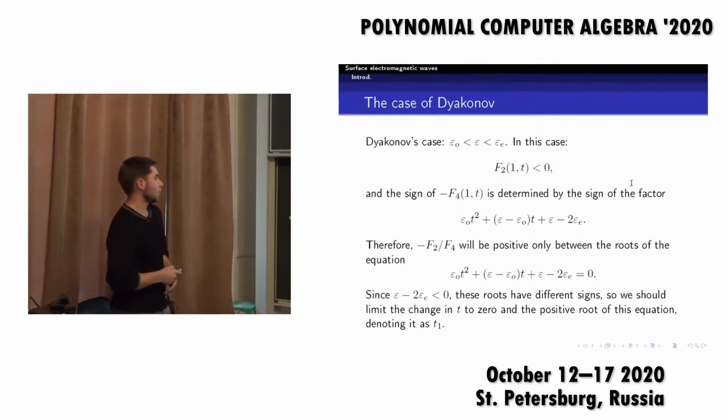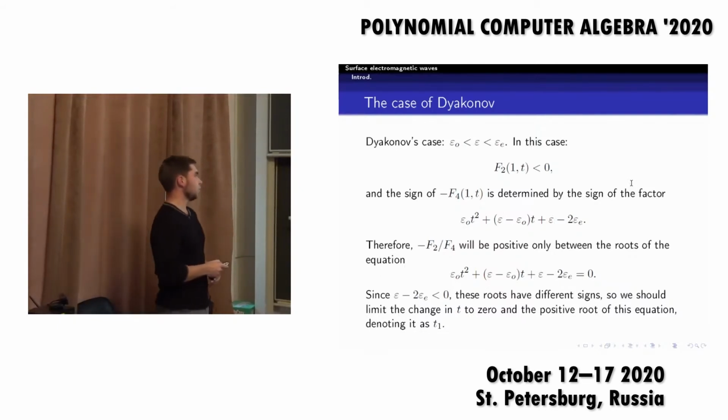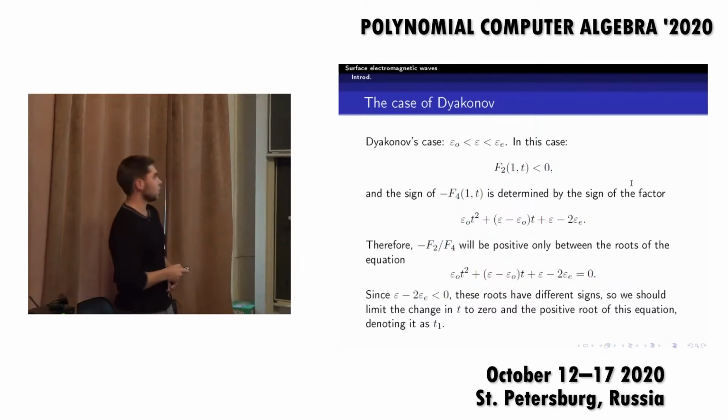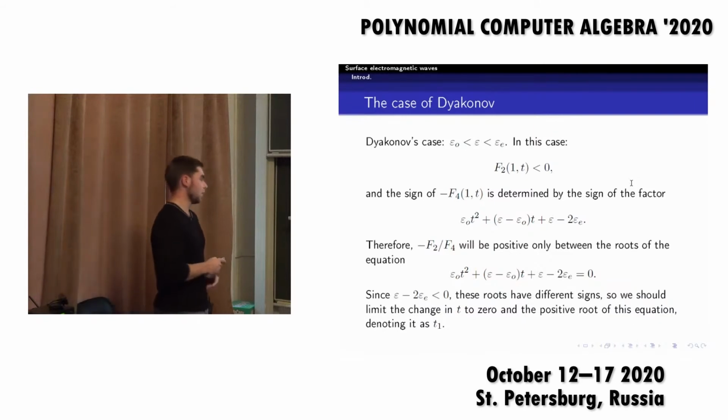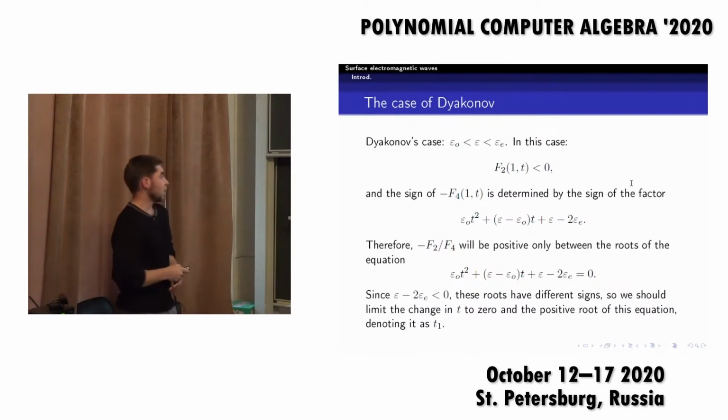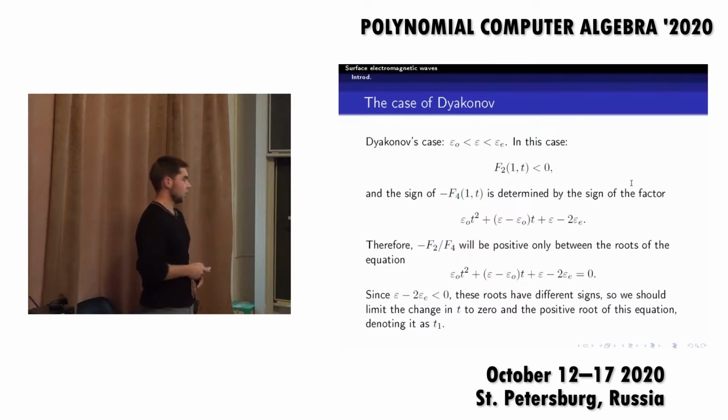Therefore, this expression will be positive only between the roots of the equation. Since this equation is less than 0, these roots have different signs, so we should limit the change of t to 0, and the positive root of this equation we denote t1.